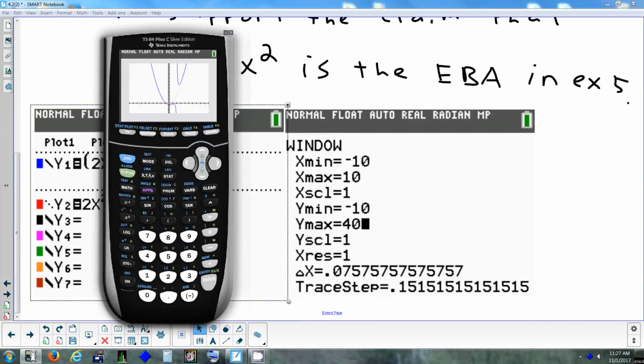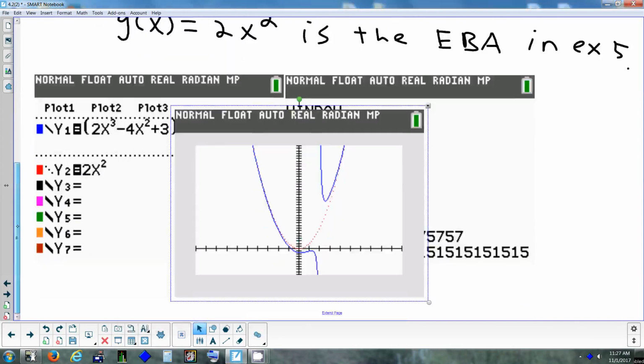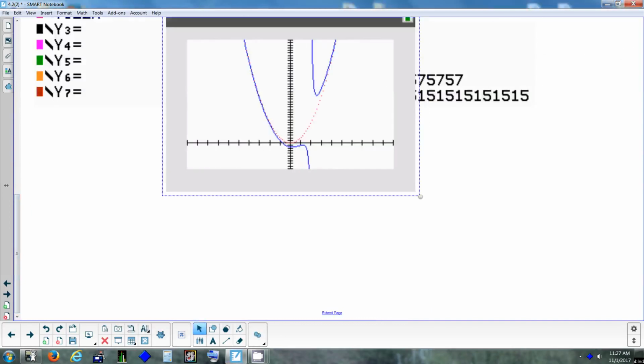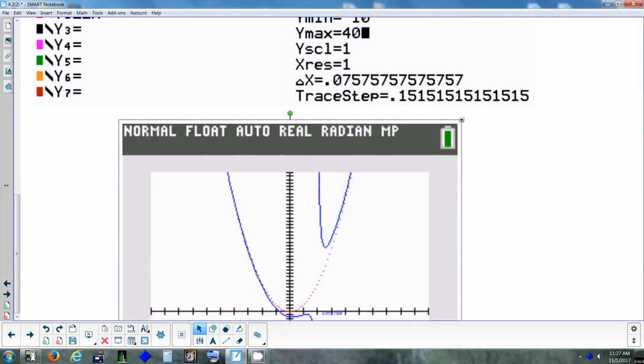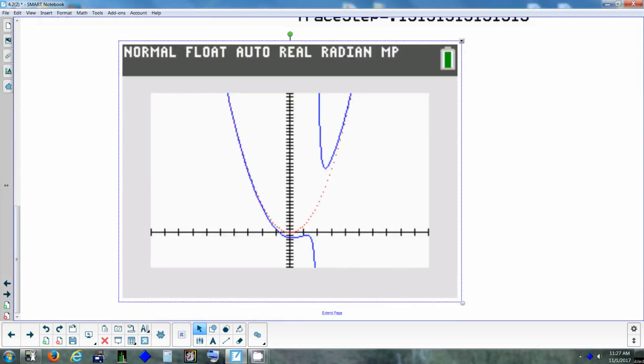All right, it's a little hard to see, so let me make it bigger. All right. Can people tell? I don't know if you can really tell, but if you look at this blue section and then look at those red dots right next to it, can you tell that the red dots are getting closer and closer to the blue line?